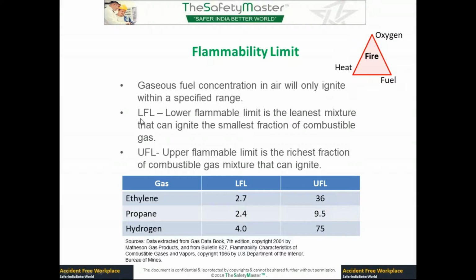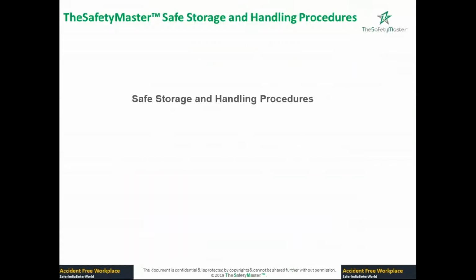So there is something called the lower flame limit and upper flame limit. For ethylene, it is 2.7 to 36%. Propane is 2.4 to 9.5. Hydrogen is 4 to 75. The problem with hydrogen is the range. Can you see here, 4 to 75? So that is the issue with hydrogen. Across a wide range, it catches fire.